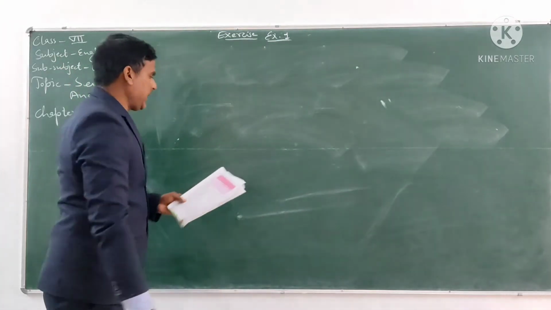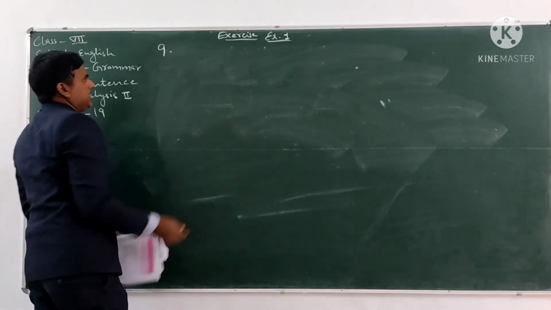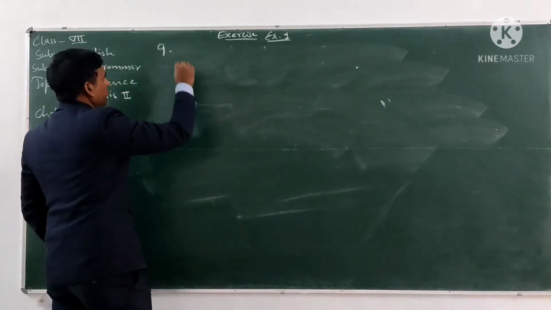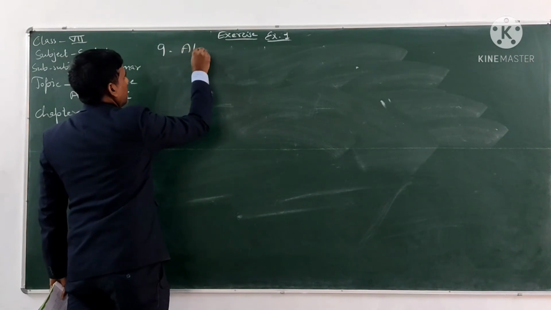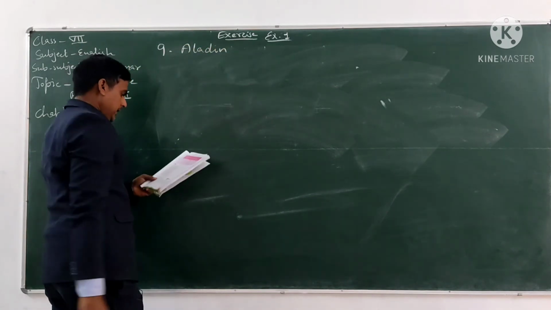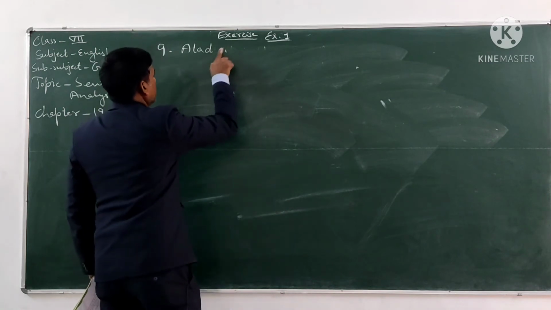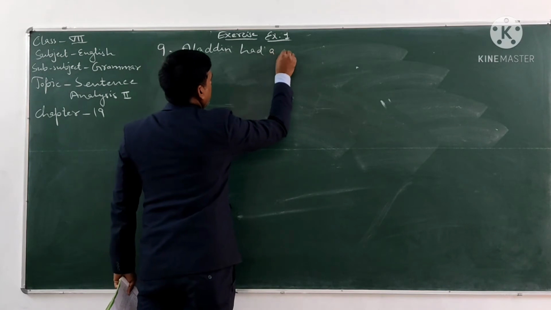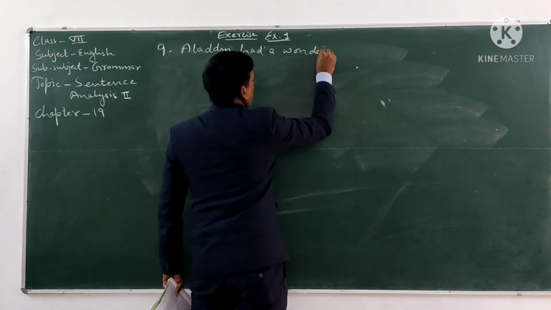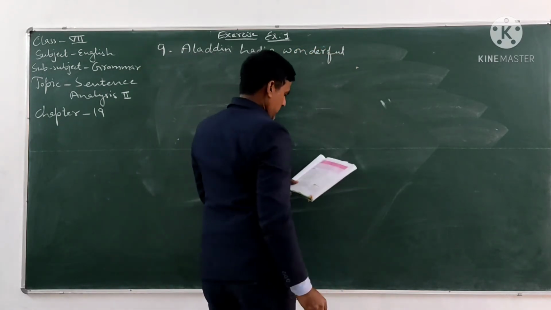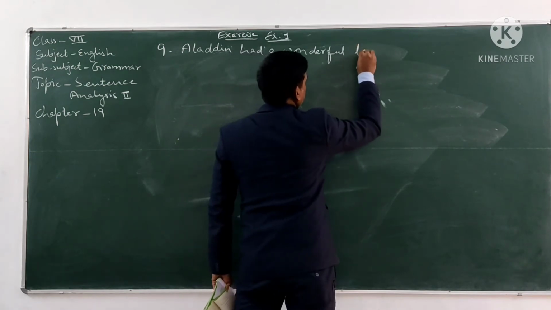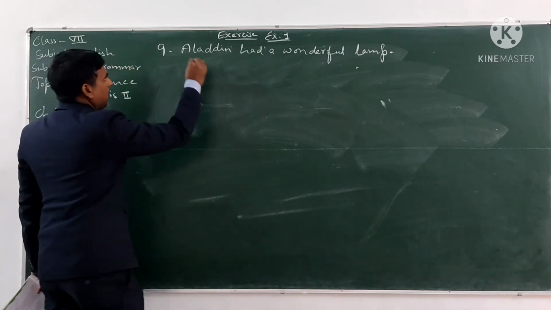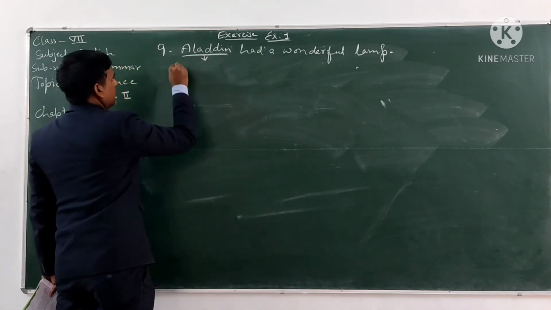See sentence number 9. Sentence number 9 is: Aladdin had a wonderful lamp. In this sentence, Aladdin is the subject word.